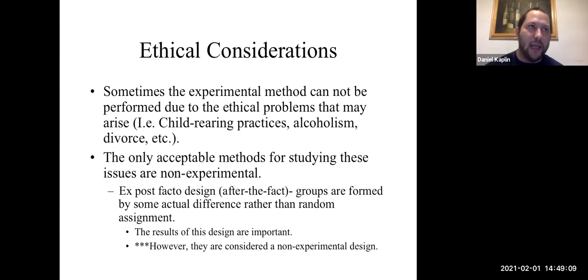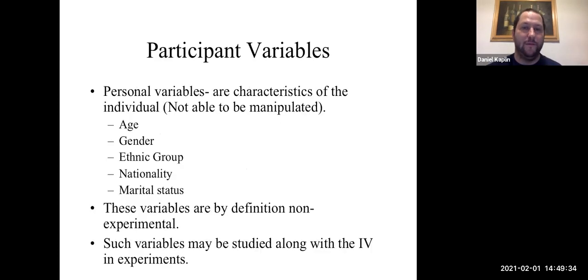You can't manipulate divorce, right? You can't say, sorry, I have enough married people and you need to get a divorce. You can't force a person to get a divorce. Or, sorry, I don't have enough married people, you need to get married. That would be unethical. So what we do is we take people who already fit into a given category and we compare differences between outcomes, married versus divorced, let's say on happiness or whatever.